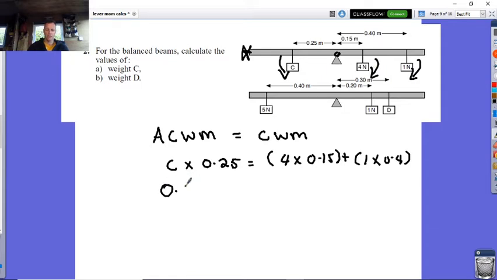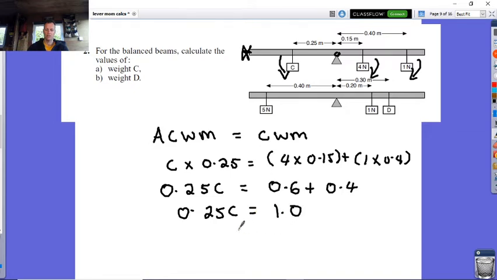And then it comes down to good old maths. 0.25 C, and we all know 4 times 0.15 is 0.6, and 1 times 0.4 is 0.4. Therefore, 0.25 C is equal to 1.0.